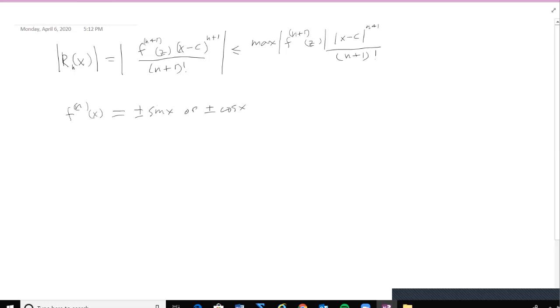So this derivative will never be bigger than 1; the absolute value will never be greater than 1. And at this point we should indicate that we are working about a value c. For our case, we have c equal to 0. So this is what we're left with.